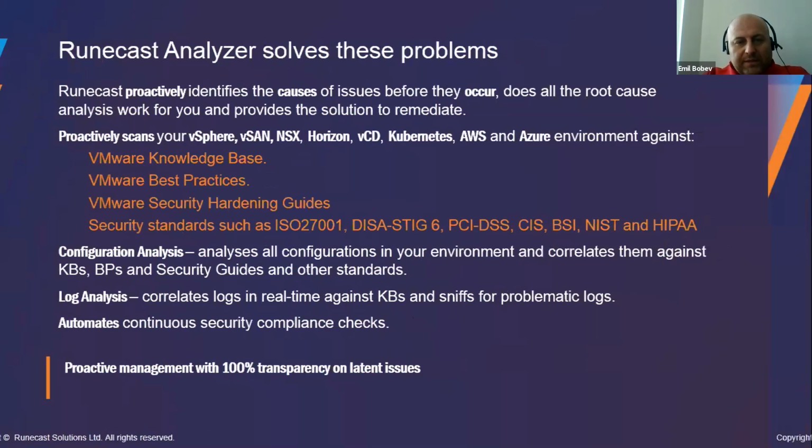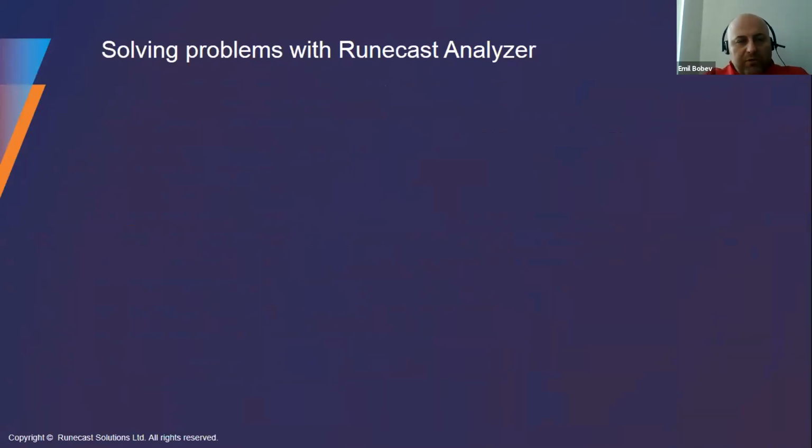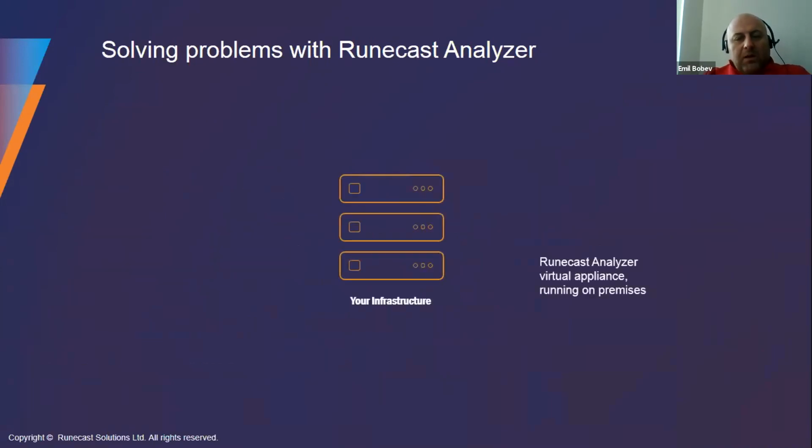Okay, and going to the next slide, you will see what is the solving problem method with Runecast Analyzer already in your data center. Let's assume you have the same piece of infrastructure and VMware, and this time you have Runecast Analyzer already connected to your vCenter. Runecast Analyzer, as I already mentioned, will accumulate information from the knowledge-based articles. Again, there are several tens of thousands of articles out there.